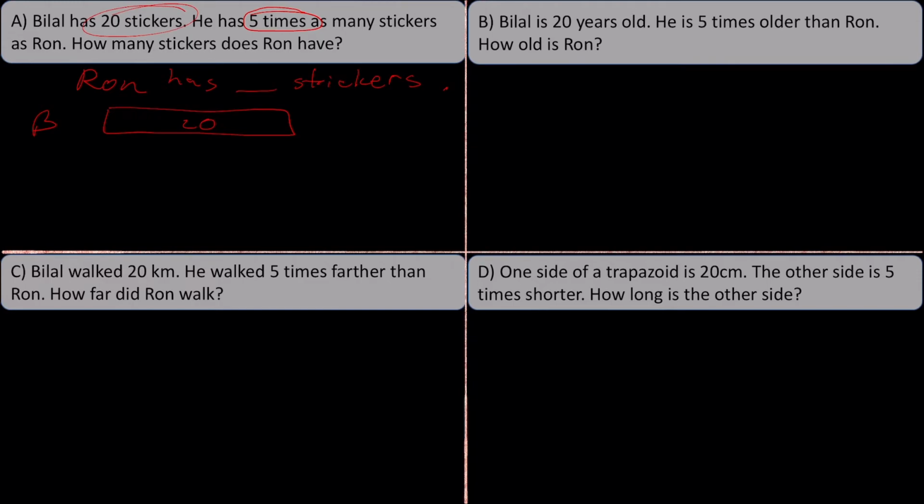So I know that Ron, in order to have the same amount, would have to have 5 of his little squares here. And so that would be 5x. And then I set it equal to 20. And so that would be divided by 5, and x is equal to 4.